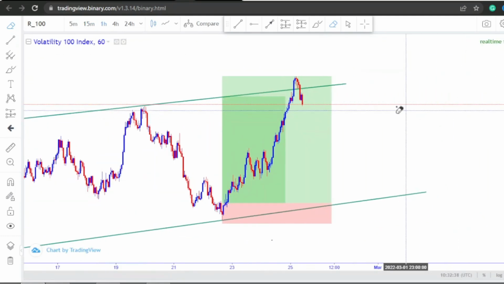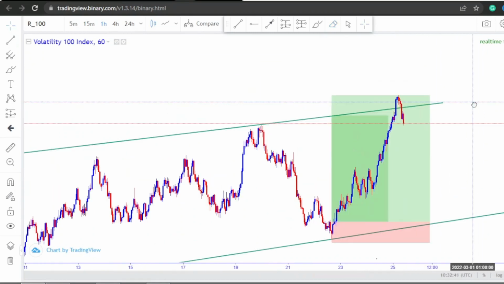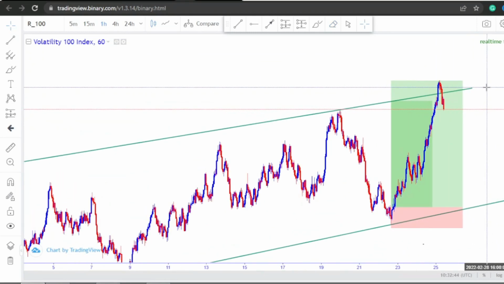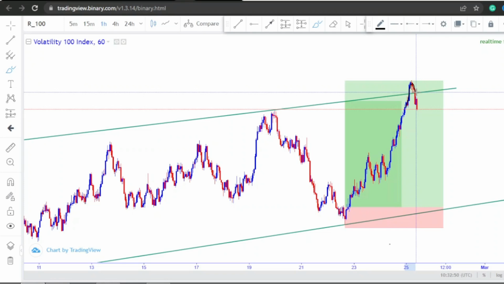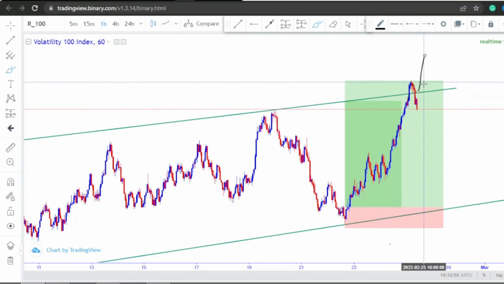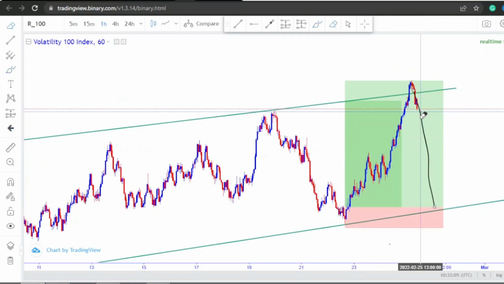you can see here what the market normally does, and this is what I wanted to share with you guys also. The market comes here, breaks, and comes down as if it's going to do a retest. If you're a support and resistance guy, you will see a breakout here and you will be going for buys. Then what? The market will sell and continue going down.